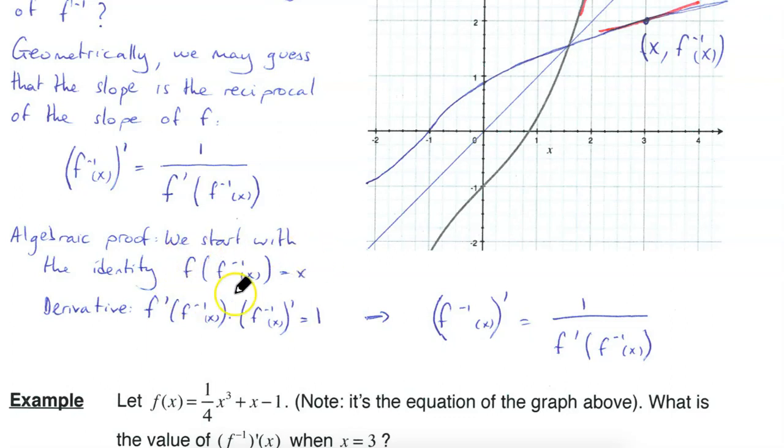So now we can take the derivative of this equality. The derivative of x is 1, and here we have a chain rule. We have to first take the derivative of f, which is f prime, keep the inside as it was, and then we multiply with the inside derivative, which is the derivative of f inverse.